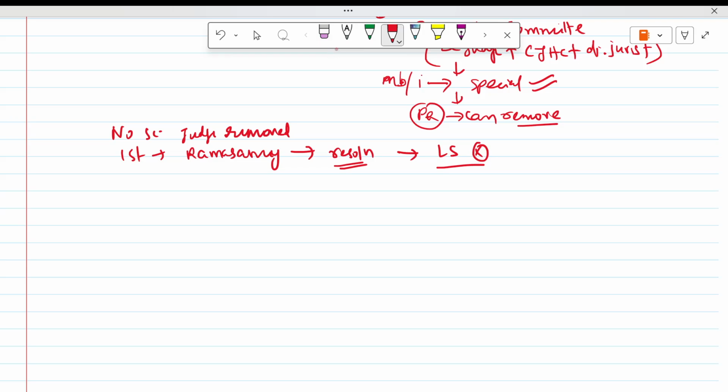So remember, till now no single judge has been removed. And the first person against whom judge removal proceedings started is Justice Ramasamy.